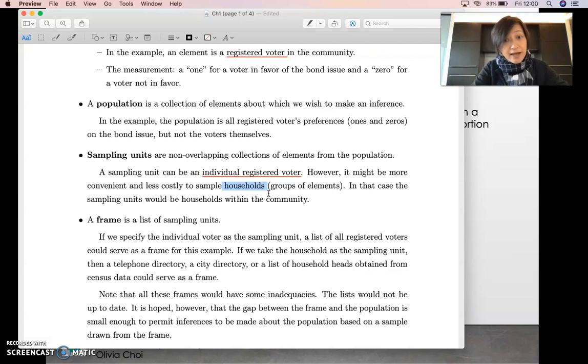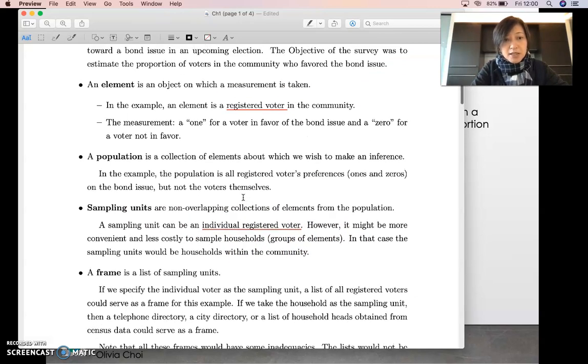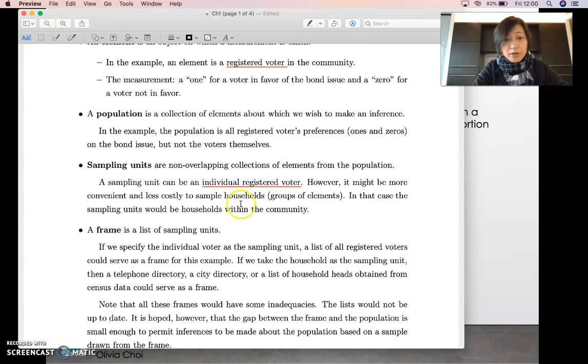So in that case, the household would be the sampling unit, not each individual within the household. Okay, so depending on the situation or sampling scheme, sampling units could be the same as elements, or they could be a group of elements. So back to this example, each individual registered voter would be the sampling unit.